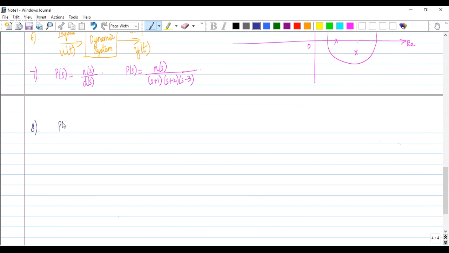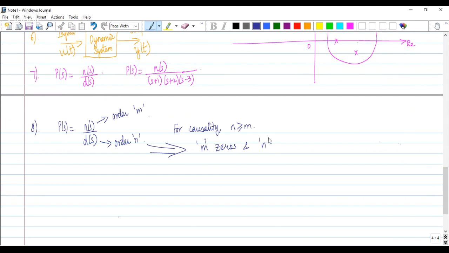Please note that if I have a transfer function which is a ratio of two polynomials, N(s) and D(s), typically we consider the numerator of order m and the denominator of order n. Please note that for causality, n should be greater than or equal to m. And immediately you can also see that we are going to have m zeros and n poles.